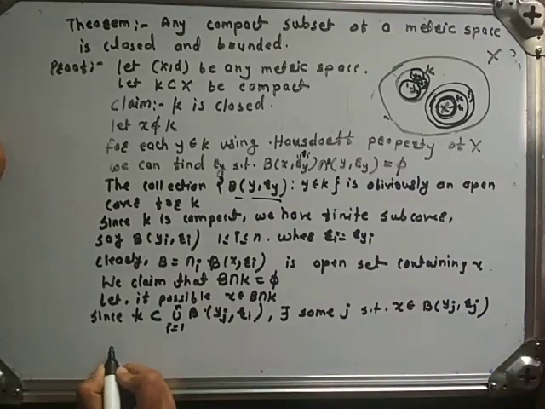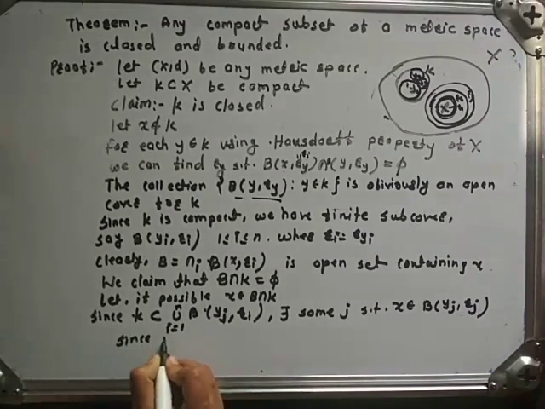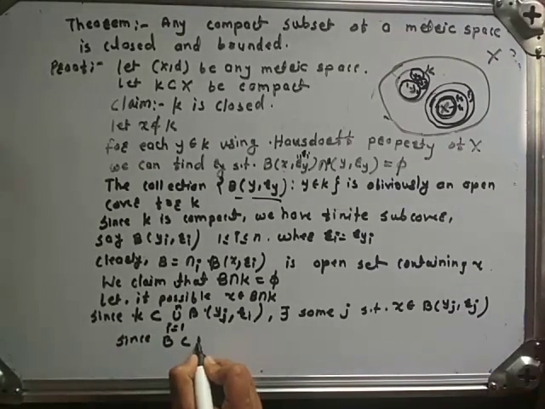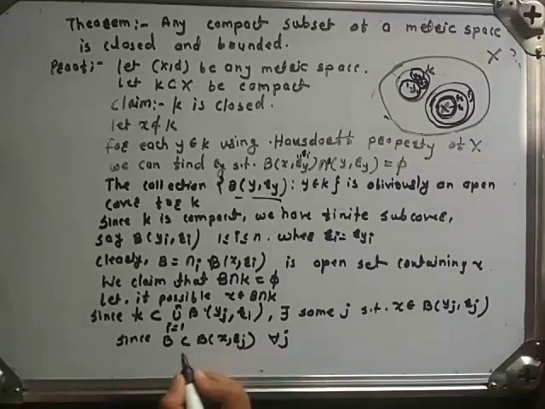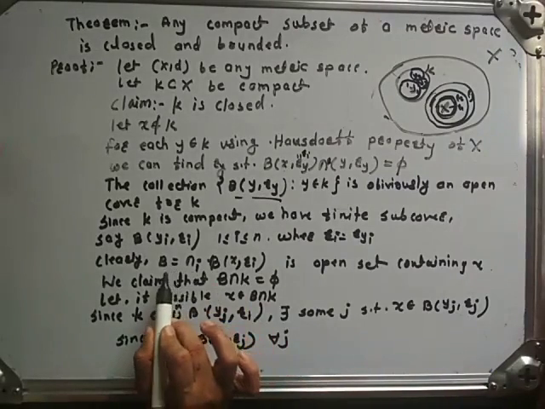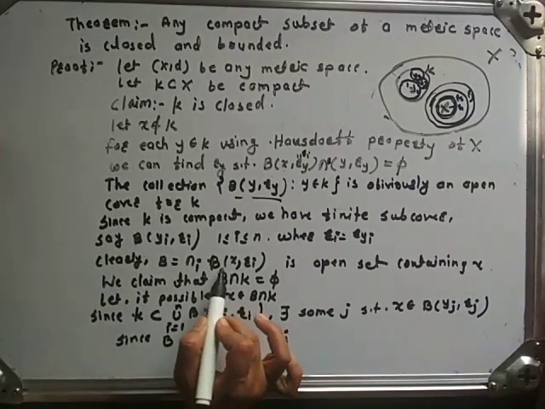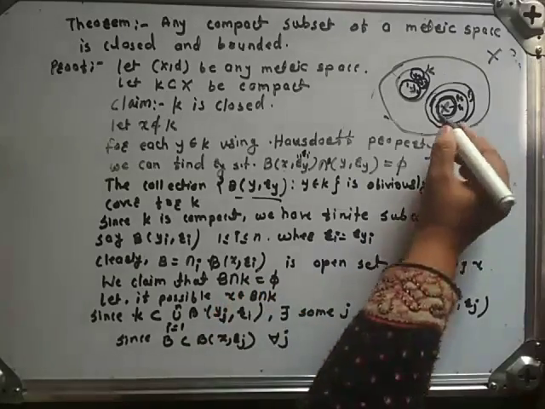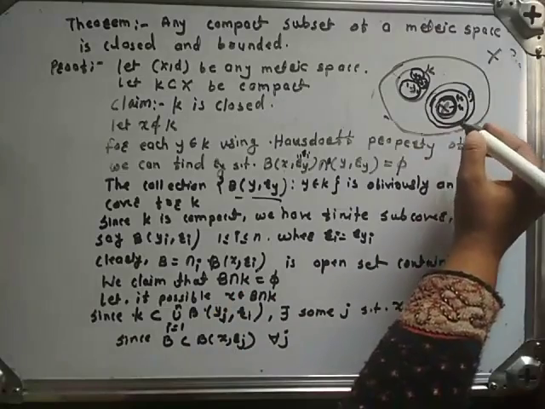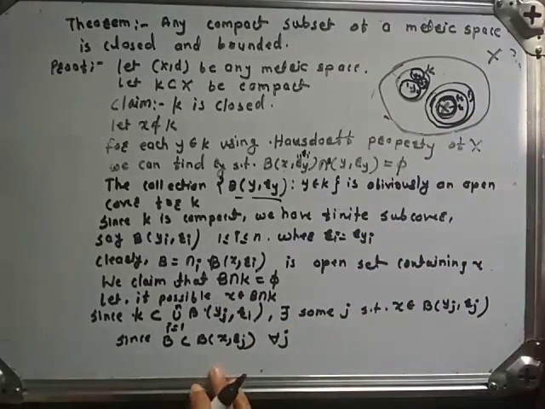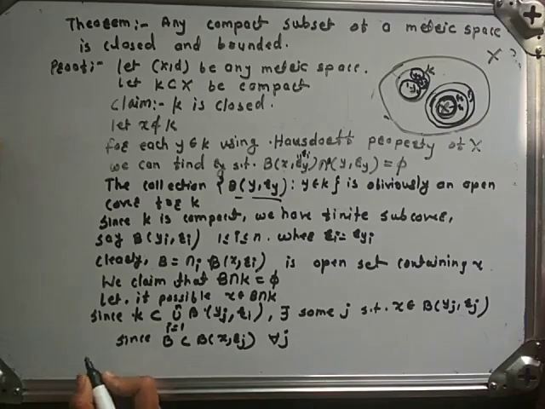Since B is a subset of B of x comma Rj for all j. Why is this? Because B is the intersection over i of B of x comma Ri. So obviously B is a subset of B of x comma Rj for all j.